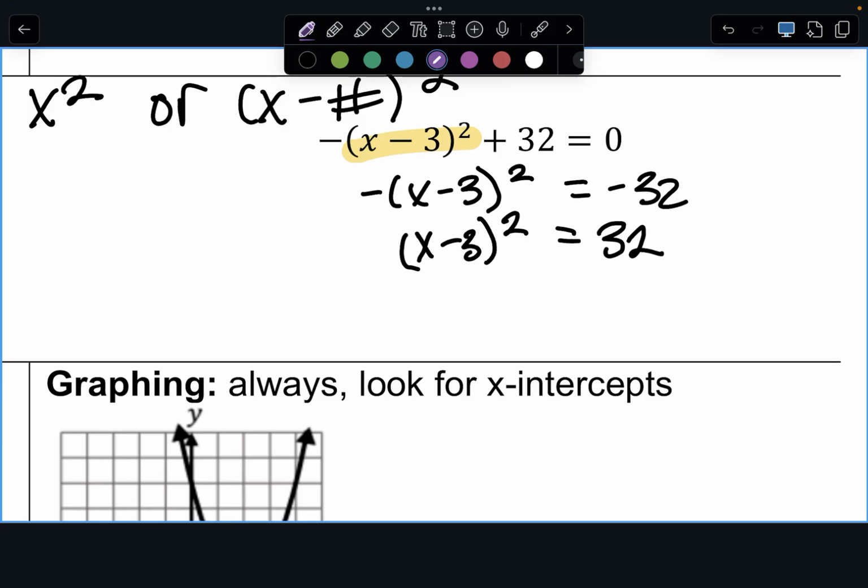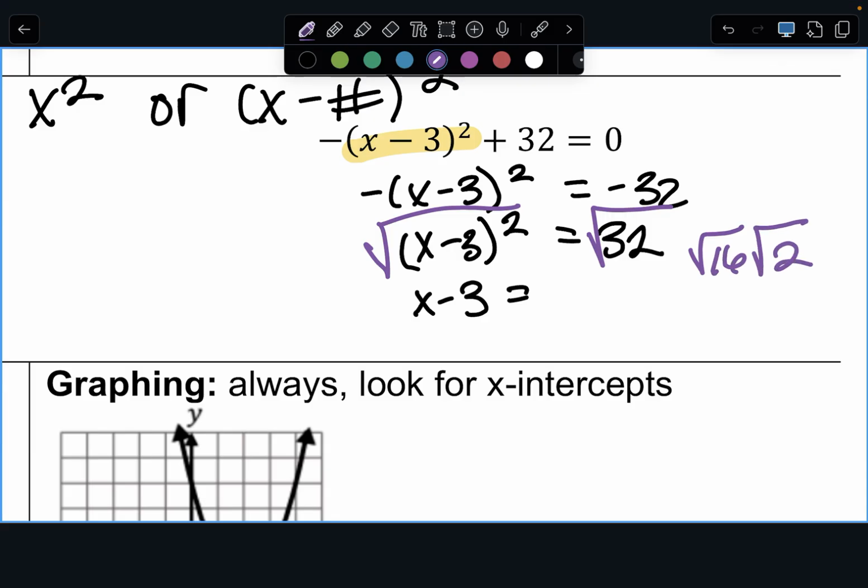Now I have something squared is equal to a number. What should I do? Square root. Boom, boom. Square root of x minus 3 squared is x minus 3. Square root of 32: 16 and 2 gets you 32.